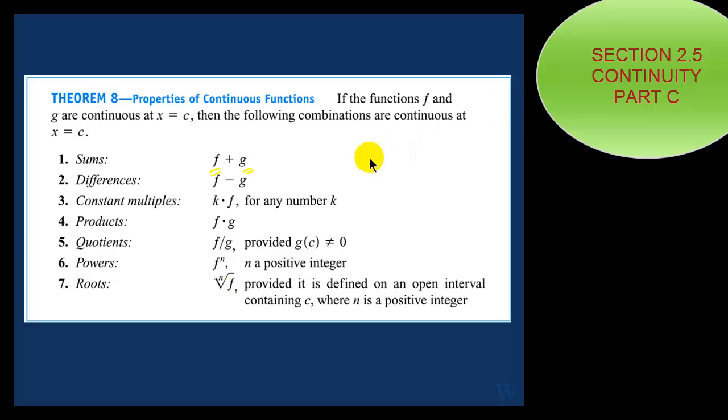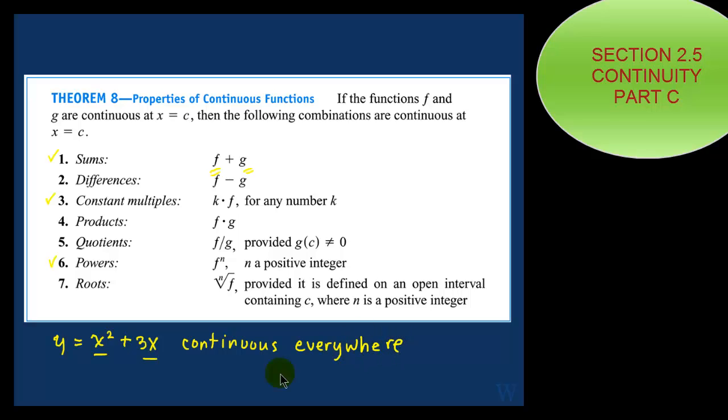Just to give you a few examples, if I have y equal to x squared plus 3x, this is a continuous function. It's powers of the identity function, here it's a constant multiple of the identity function, and then the two together is the sum, and that makes y equal to x squared plus 3x continuous everywhere.